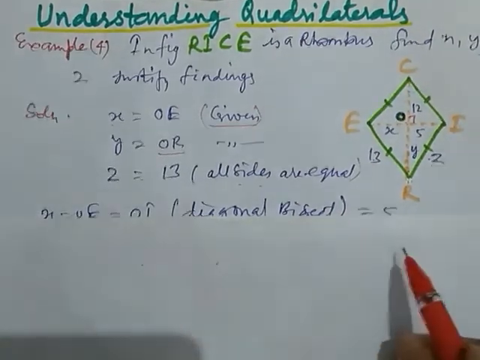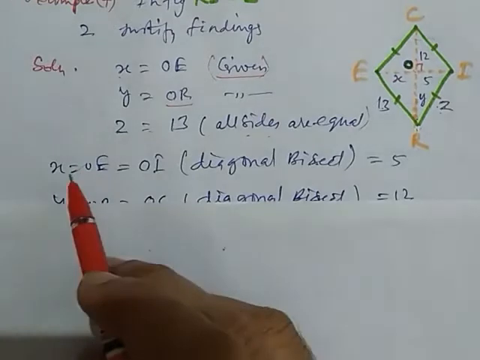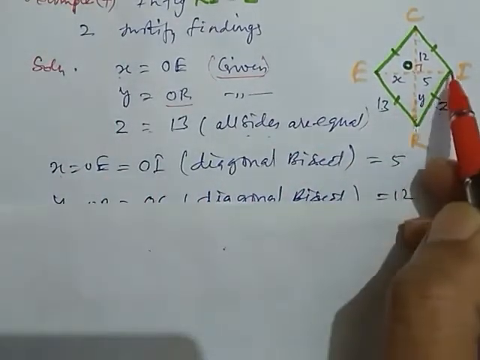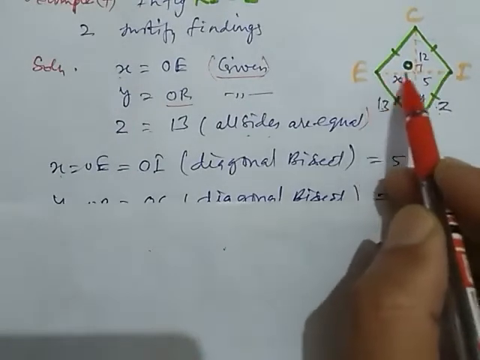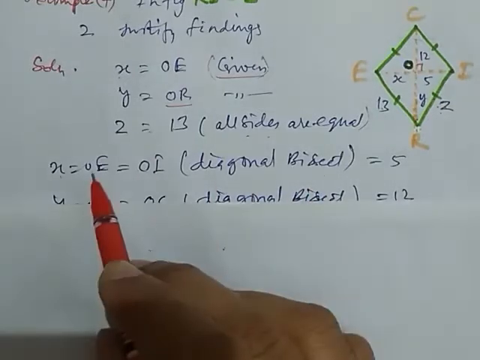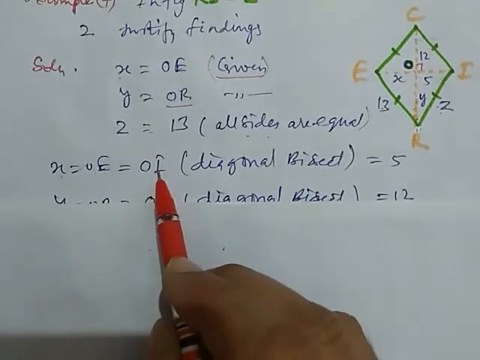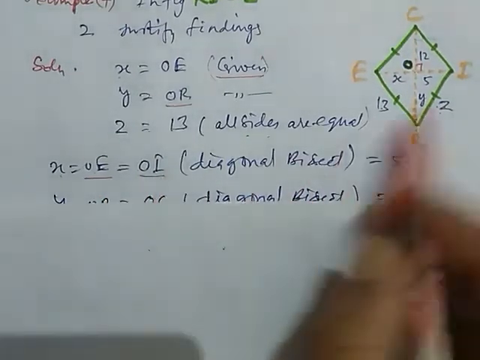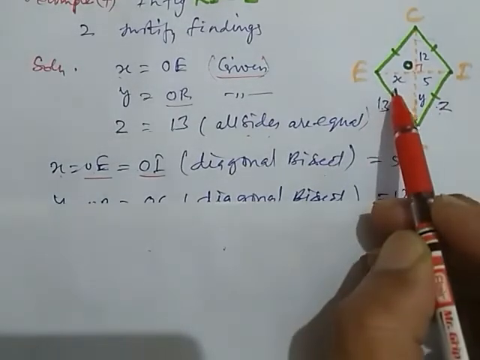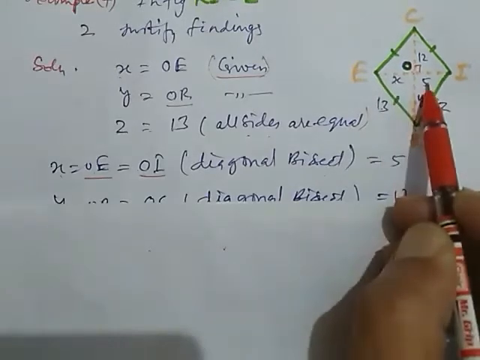So x equals OE equals OI, because the diagonals bisect each other, so OE equals OI. OE and OI are equal, which are equal to 5, because this is x and this is 5.